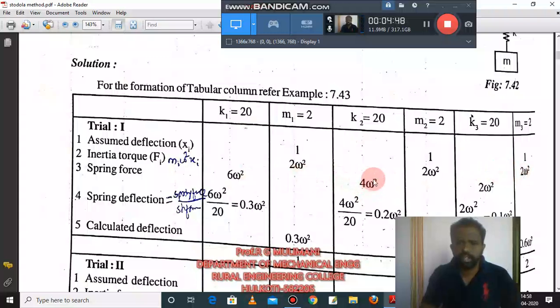Similarly, for the next spring, the inertia forces on the right side, 2 plus 2, is 4 omega square. Similarly, for the last spring, only one inertia force is on the right side, that is 2 omega square.